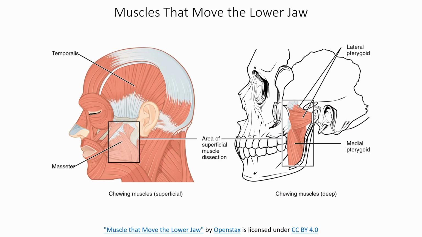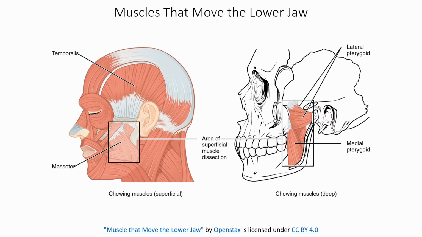Both of these muscles are going to attach to those pterygoid plates, and they're going to provide assistance in your ability to chew. They help with things like elevation, so lifting your jaw, closing your jaw, and protrusion, being able to push it forward.